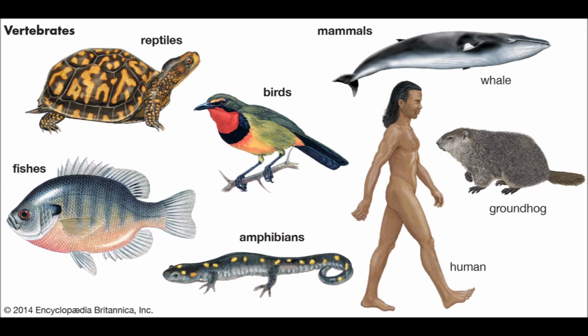Okay? And if we look at this picture here, we can see some vertebrate animals, such as reptiles, birds, fishes, amphibians, humans, mammals, whale, and yes, boys and girls, the groundhog there. Now, those are five classes of vertebrates.